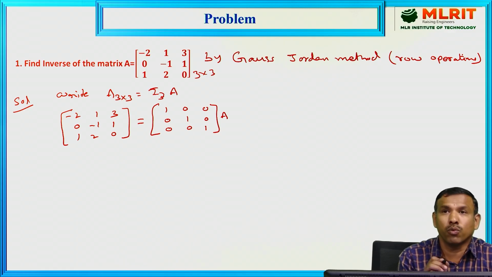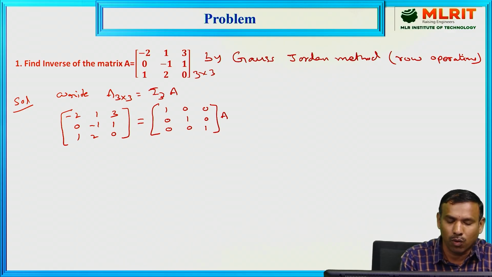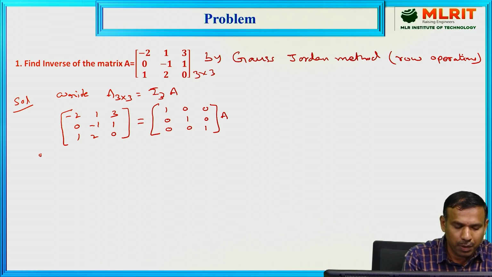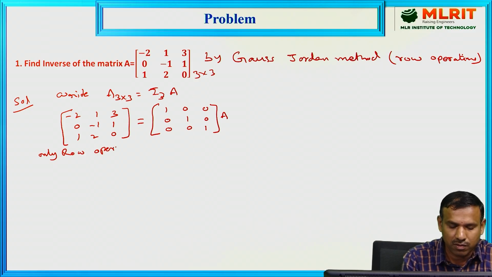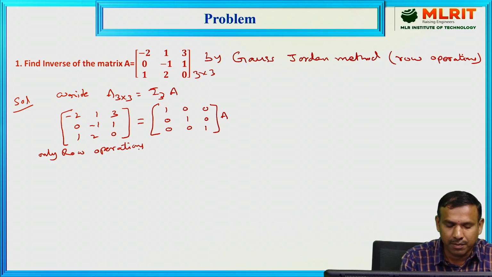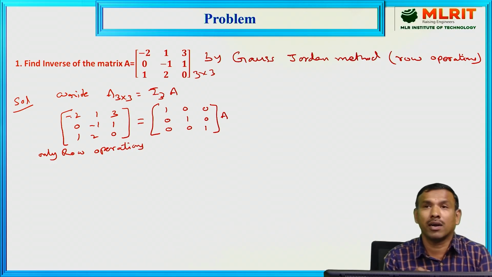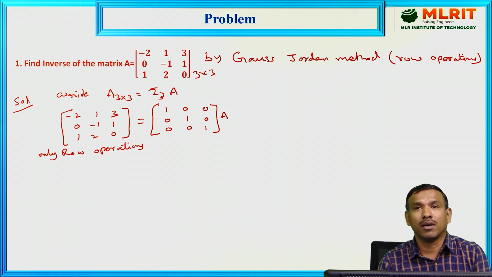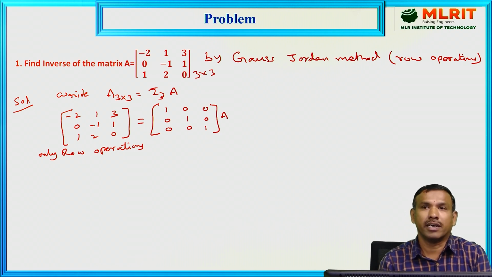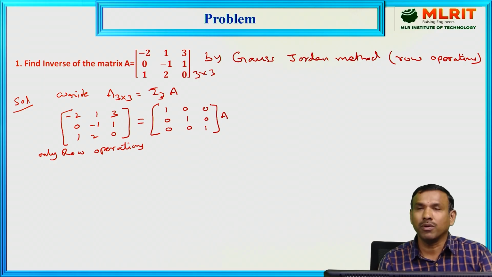Now, applying only row operations, remember this point, only row operations. That is the key point here. What is the procedure while reducing to the identity matrix? Here I will give you a small hint, in one more slide.